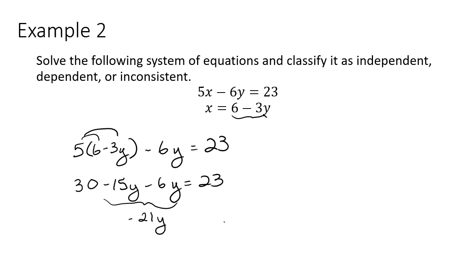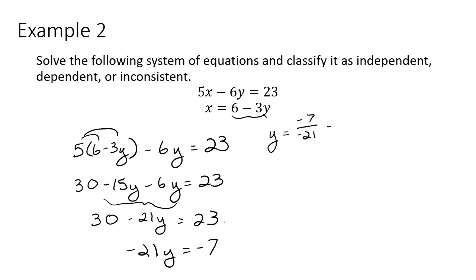So a minus 21y. Subtract 30 from both sides. 23 minus 30 would give us a negative 7. And then divide by the negative 21. And a negative 7 over negative 21 would reduce to a positive 1/3.